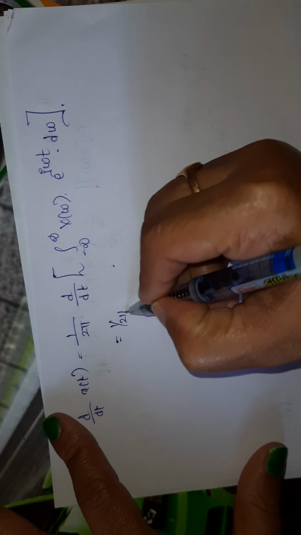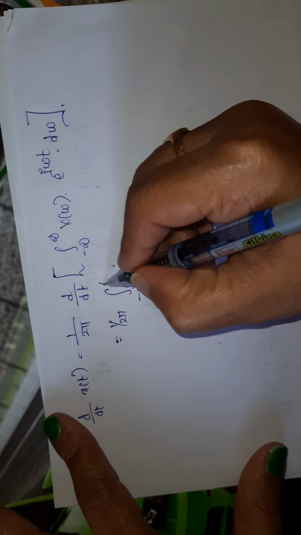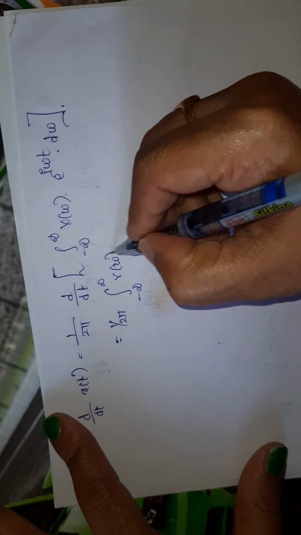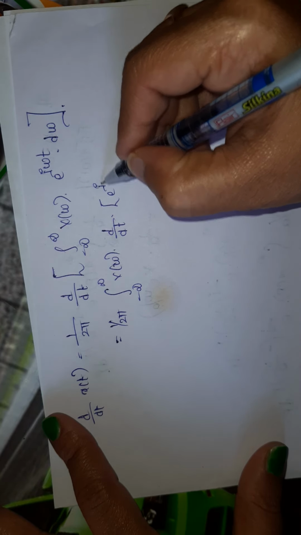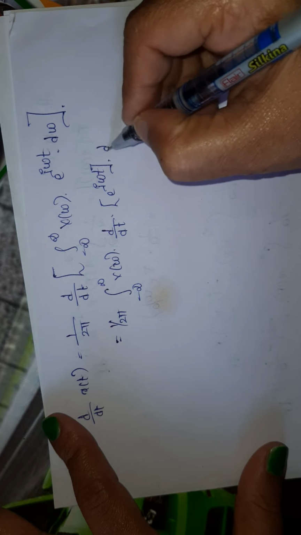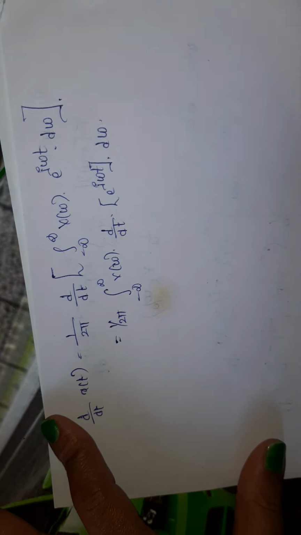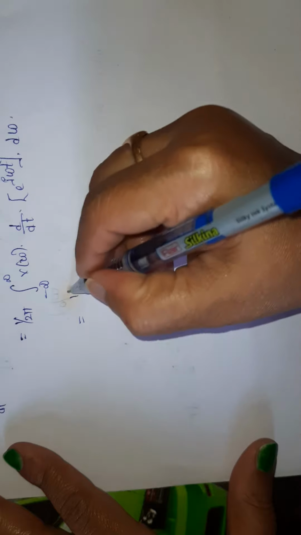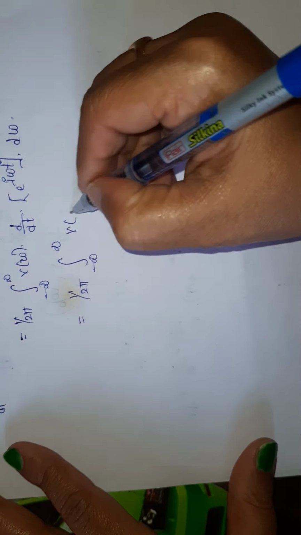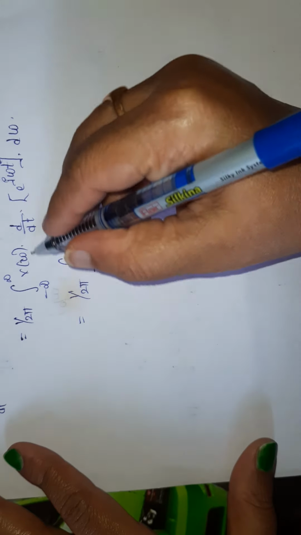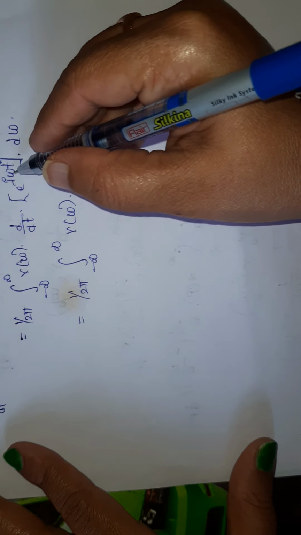1 by 2 pi integration from minus infinity to infinity X of omega and d by dt of e power j omega t into d omega. 1 by 2 pi integration from minus infinity to infinity X of omega d by dt of e power j omega t.